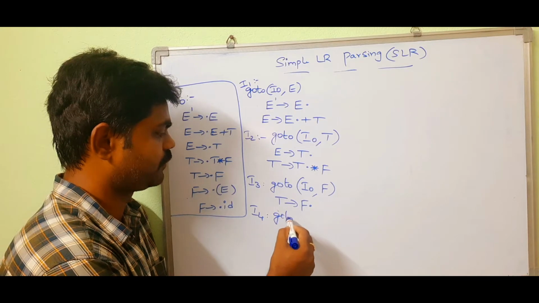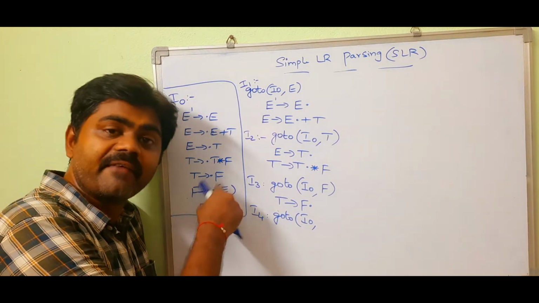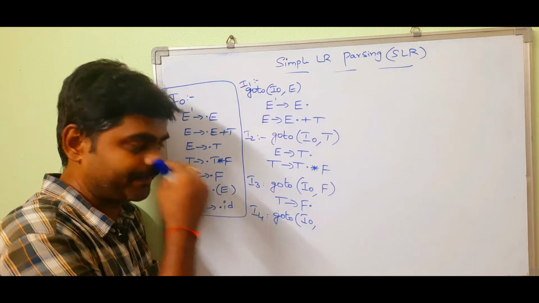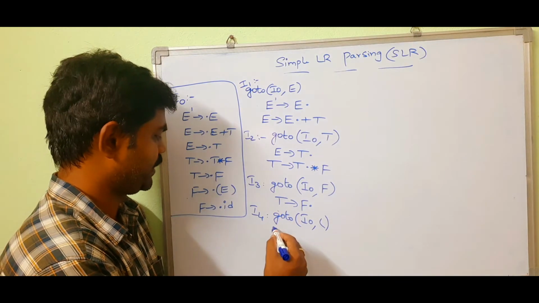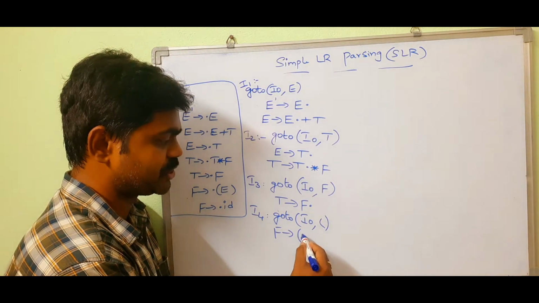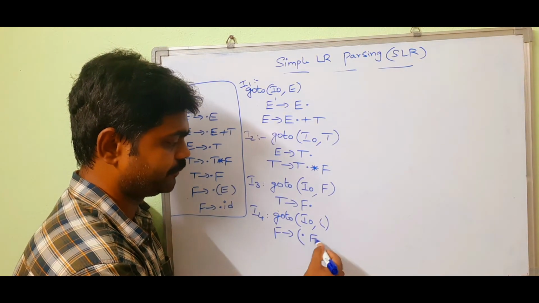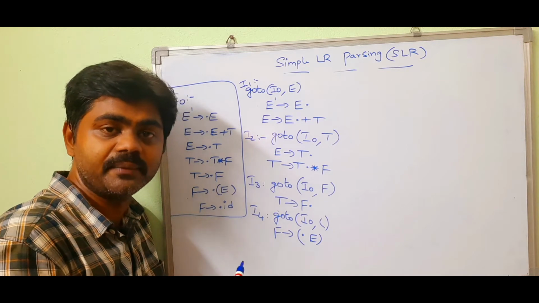Goto of I0 comma, after dot we have an open parenthesis. Okay. So open parenthesis. What happens here? We get F tends to open parenthesis dot E. Okay. So F tends to open parenthesis dot E.